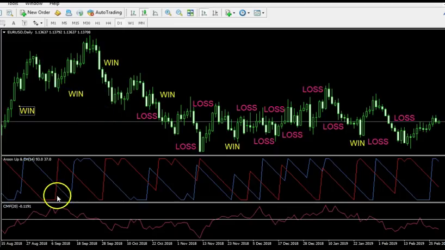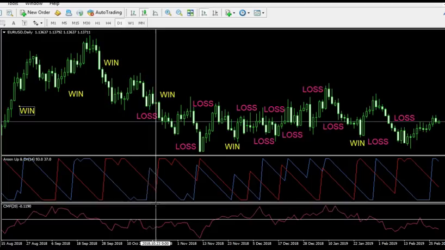See how that works? These two did not agree with each other, and it turned out to be a really good thing. So all the pips we lost on that trade go right back into our pocket. So you're testing this pretty much just like you did with the volume indicator, but let's just keep going and see how many of these losses we can get out of here. So right here, this was a loss.